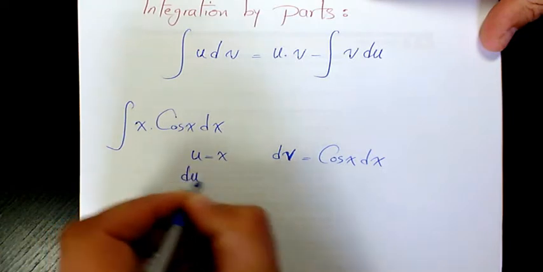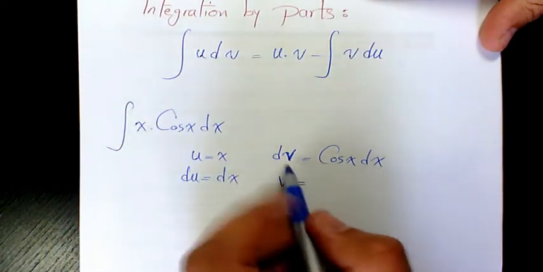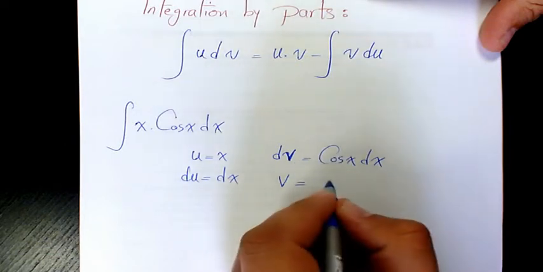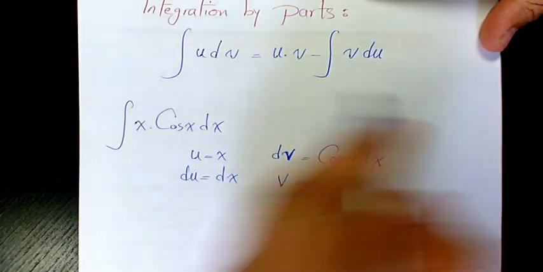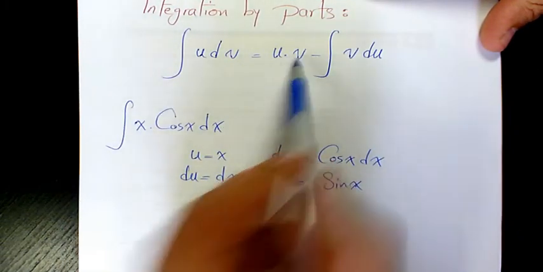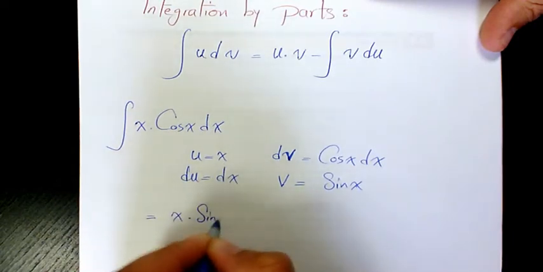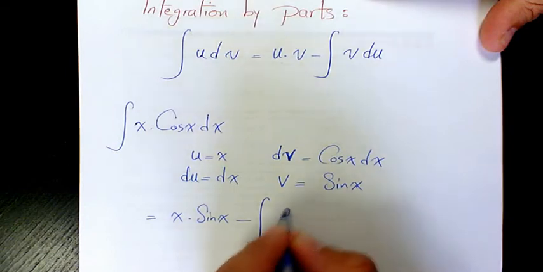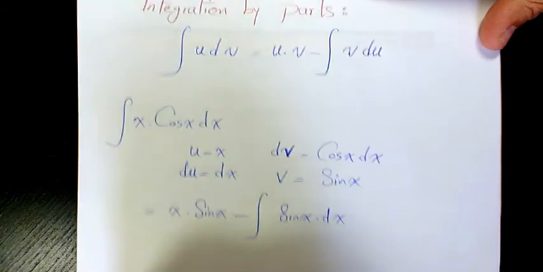So du is going to be dx, v is going to be integral of dv, or antiderivative. That's going to be sine x. So using the formula, I need to write u times v, which is x times sine x, subtract v du. V is sine x, du is dx.